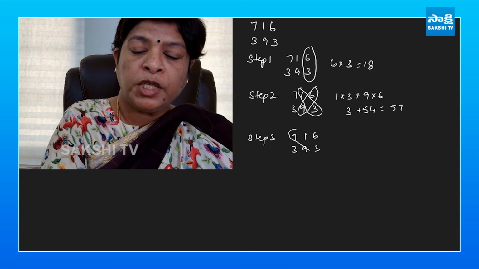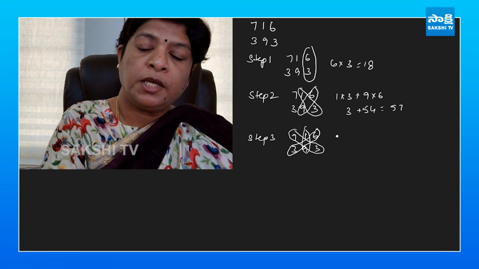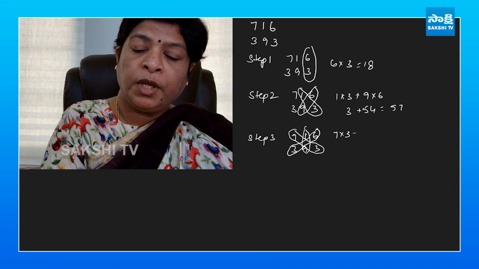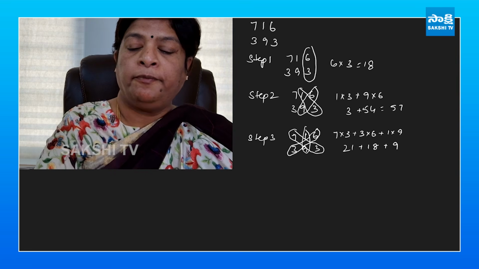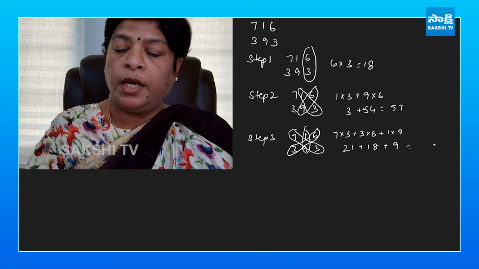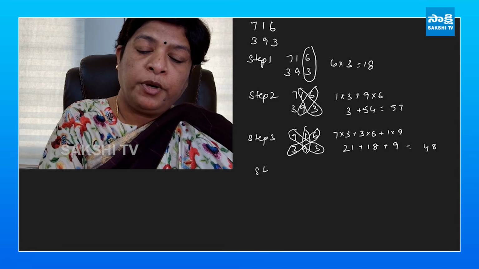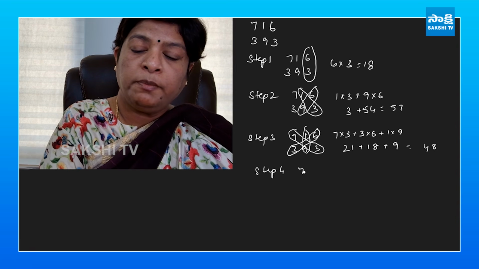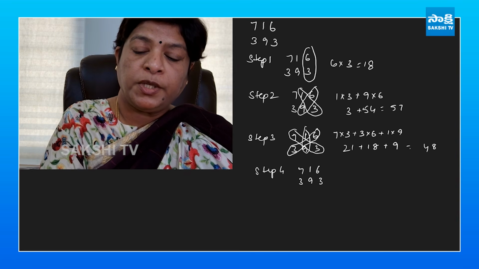Step 3: cross multiplication of the hundreds place with the ones place. We're going to consider the other combination also, and the tens place with the tens place. So 7 times 3 plus 3 times 6 plus 1 times 9. So 21 plus 18 plus 9. So it's equal to 48. Step 4: cross multiplication of the hundreds place digit with the tens place digit.